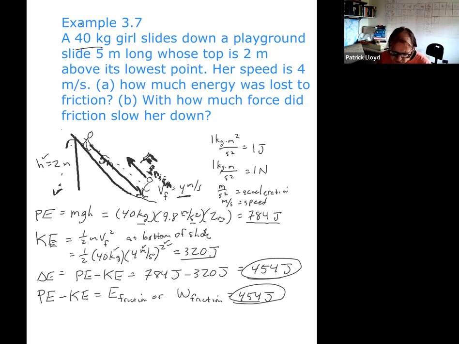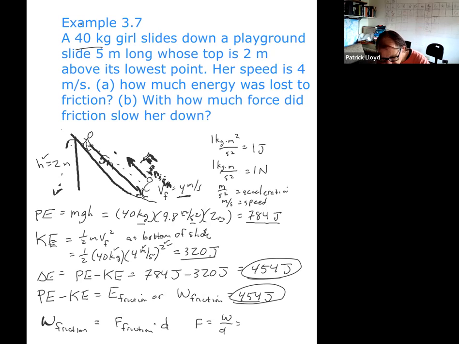So our frictional work is equal to the force of friction times the distance. That's a formula from way back in the beginning of the chapter, one of our first equations. So if we want to know the force of friction, we take the work of the friction and divide that by d. So F is equal to W over d.